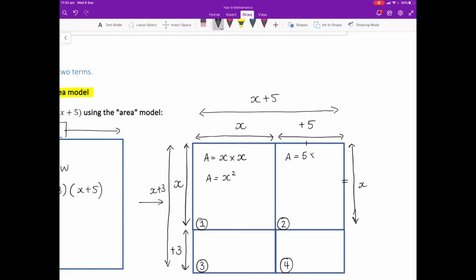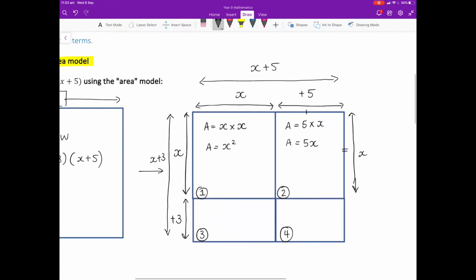So 5 times the x will give us a total area of 5x. Moving on to shape number 3, so we have the length here of 3, and the bottom will have a length of x. So the area of this will be 3 times x, which equates to 3x for a total area.